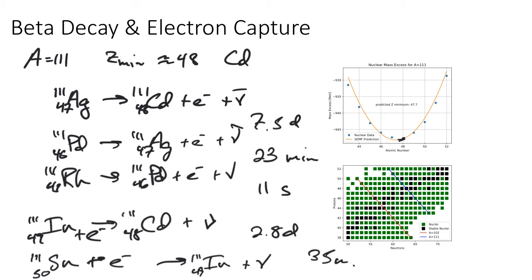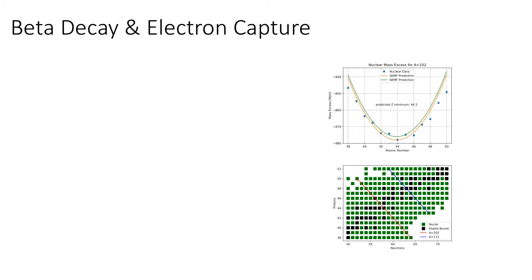So let's then go to the interesting case where A is an even number. And we'll use 102 for this example. And so A equals 102, it's this line along the Segre chart. The interesting thing here is the even number of neutrons and even number of protons gives a stronger binding than the odd number of protons and the odd number of neutrons.